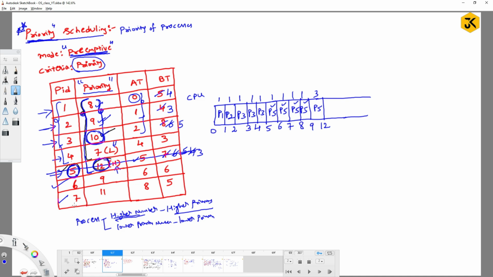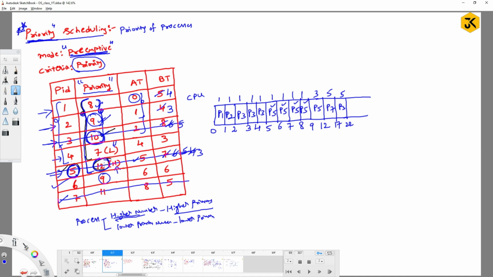Next, the chance is given to P7, and it will complete its 5 units, done by 17. Next preference will be given to P3, which completes its 5 units, done by 22. Next, two processes, P2 and P6, have the same priority.